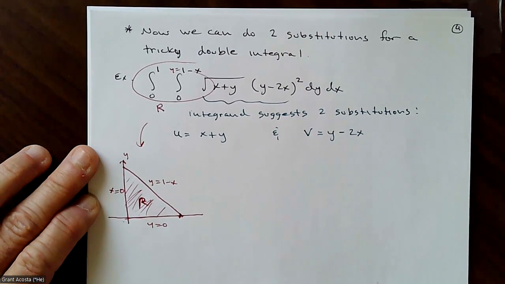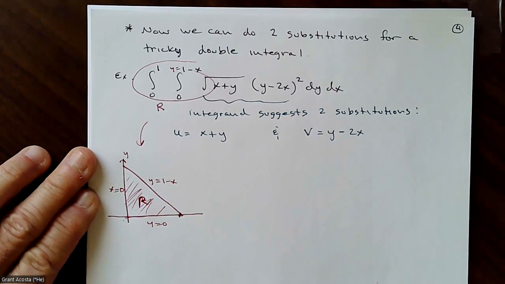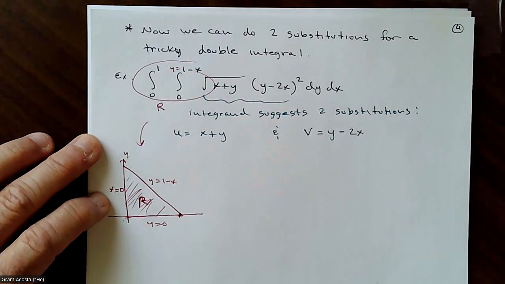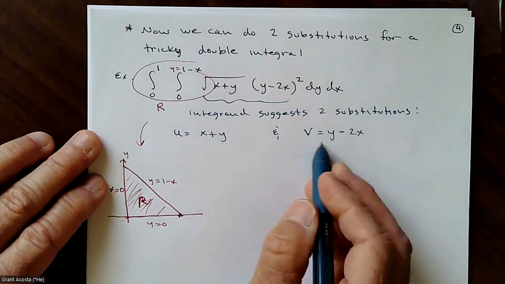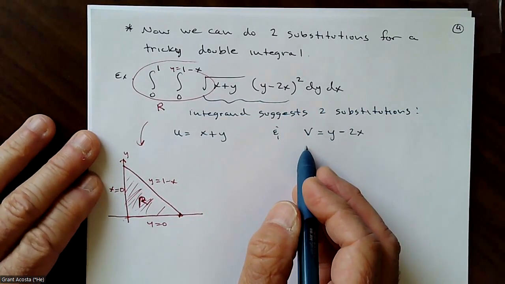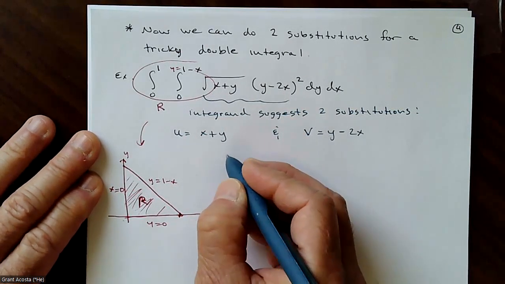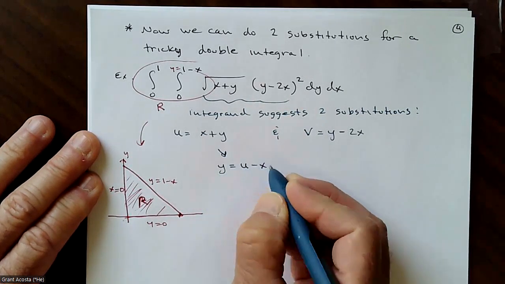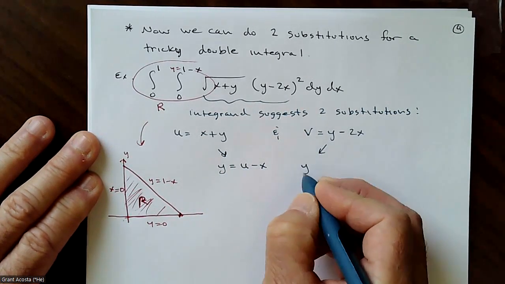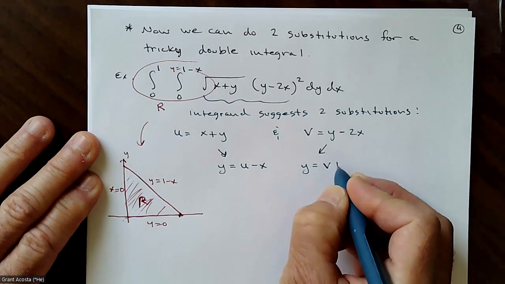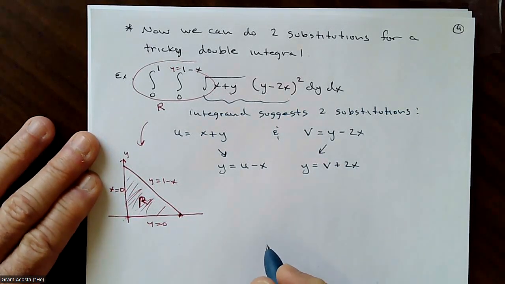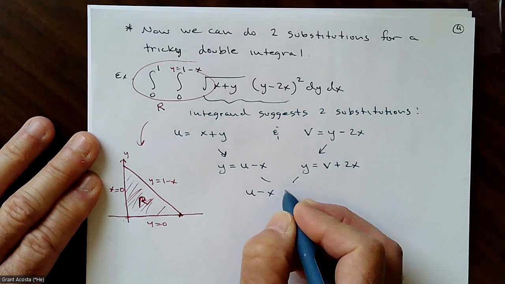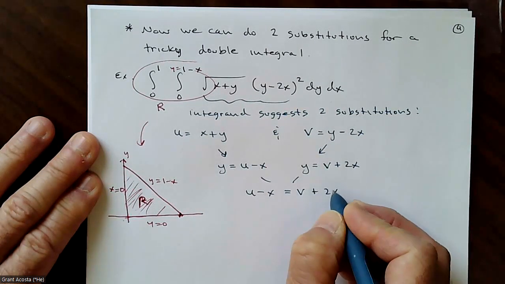What we now want to see is what does that region look like in the UV plane if I do these substitutions. So I need to solve these for x and y in terms of u and v if I'm going to do that. And there's many ways to do that. What if we solved this one for y equals u minus x, and if we solve this one for y is equal to v plus 2x, then that suggests, since both of these are equal to y, that u minus x equals v plus 2x.